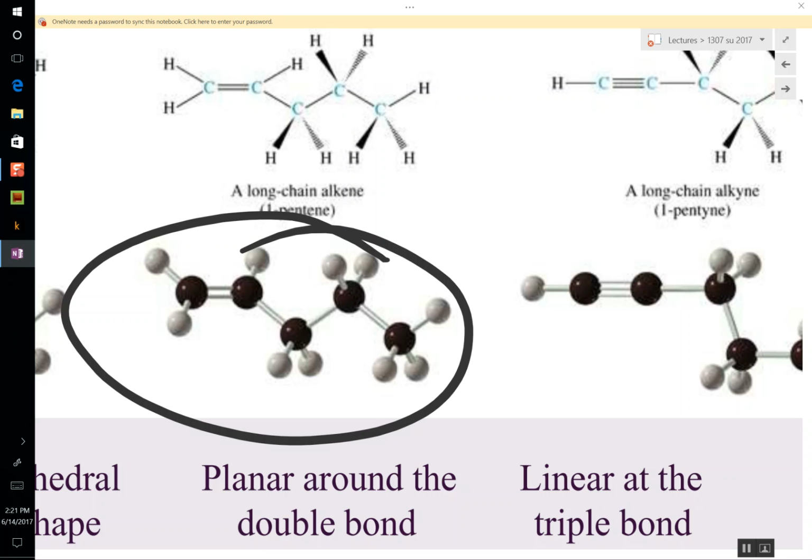Well, this is an alkene, and it's 5 carbons, 1, 2, 3, 4, 5. So what's 5? Pentene. It's got 1 double bond. But it is a hybrid in the sense of bond angles. There's 120-degree bond angles around the double bond, and then we come on over to here, and we're back to an alkane, saturated carbons that have tetrahedral bond angles. That all makes sense?